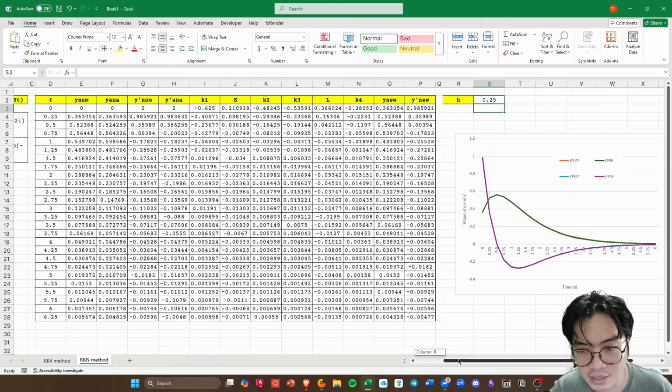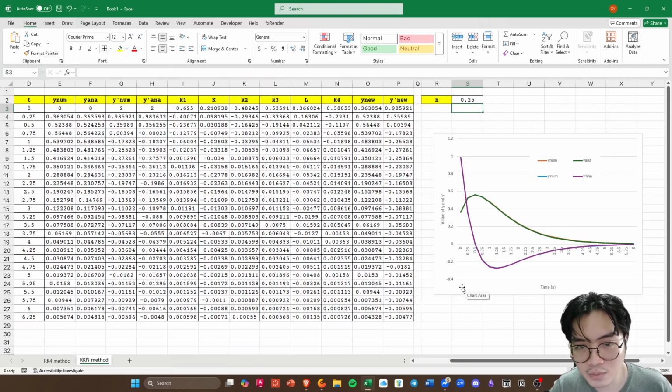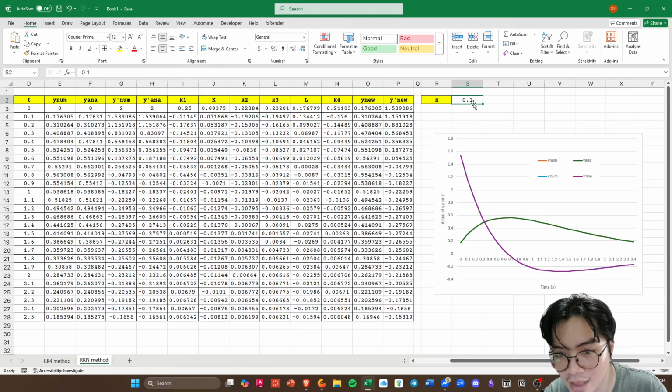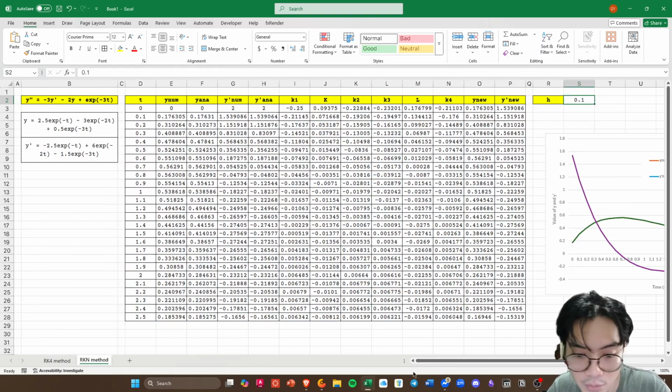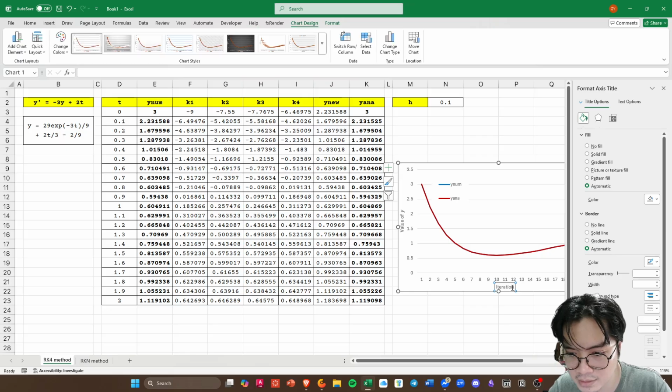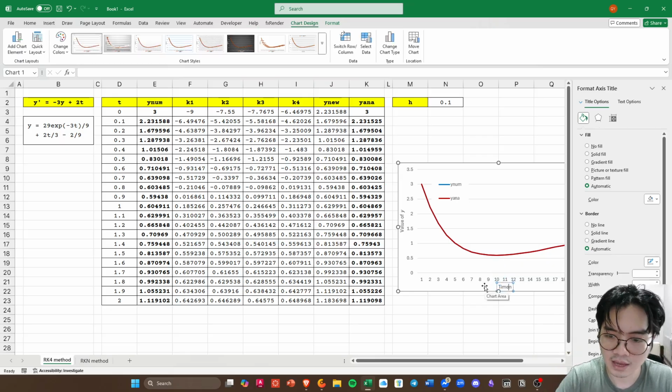The thing about this is that there's always a trade-off: if you want a more accurate graph, compute for smaller and smaller step sizes. But of course, that takes up computational power.